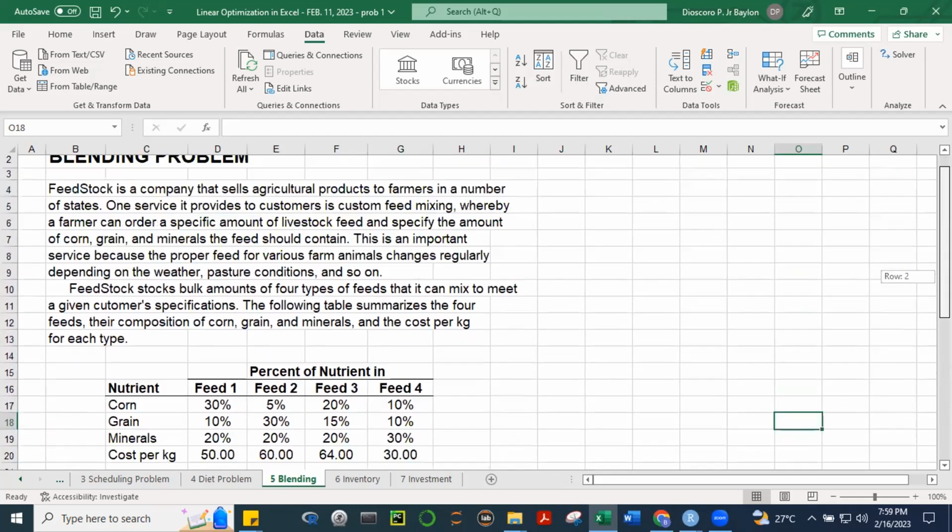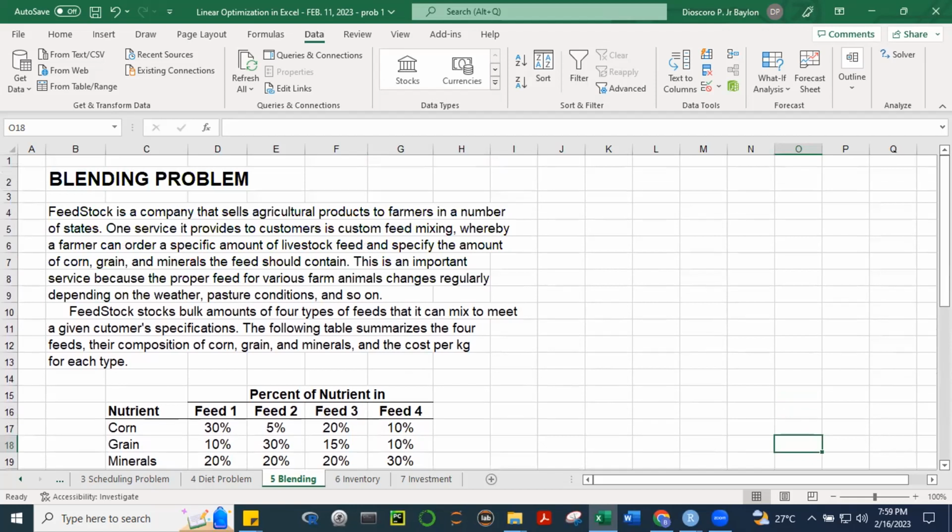I just wanted to tell you that I think it's BMEG of San Miguel Corporation that uses this. So these are not models that are just textbook or just for classroom purposes.